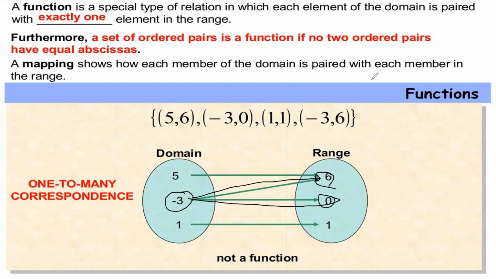So therefore, this relation or this set of ordered pairs is not a function. Not a function, because the meaning of the function is each element of the domain is paired with exactly one. And as you observe, the domain here, -3, is paired twice.